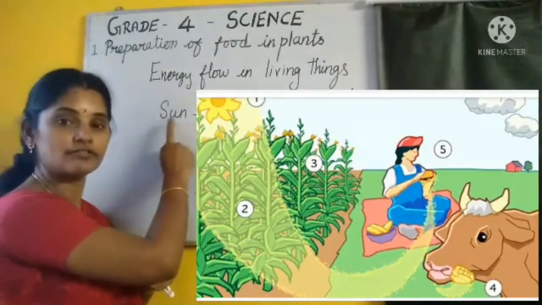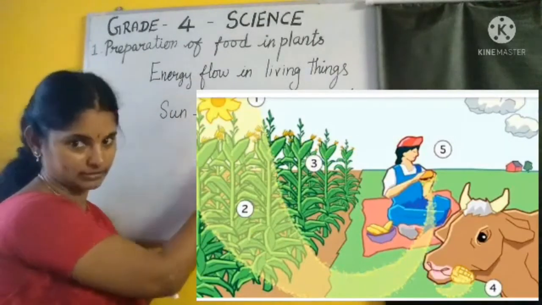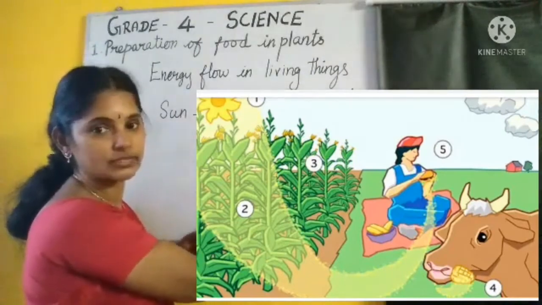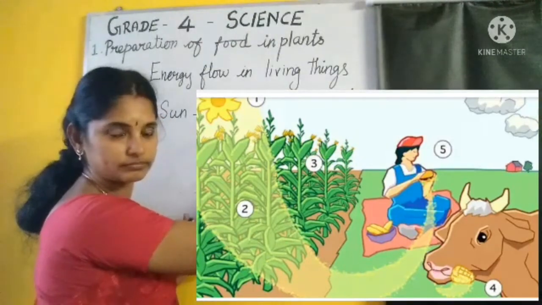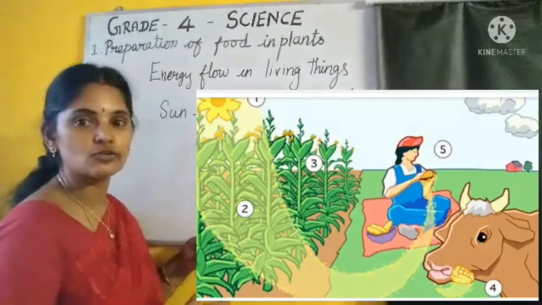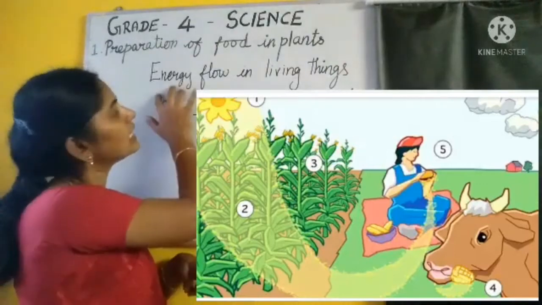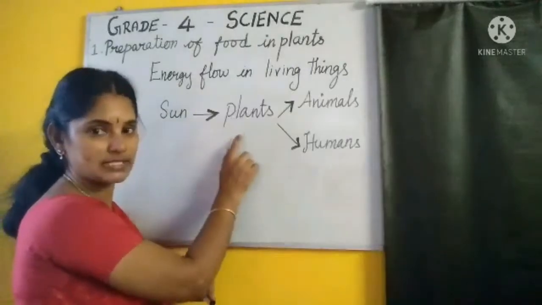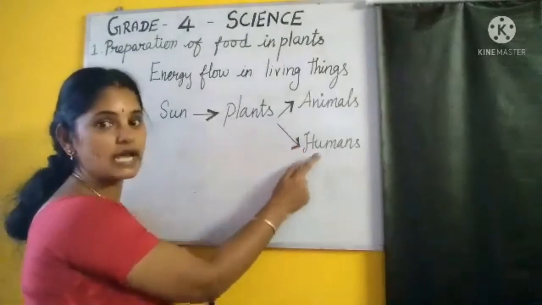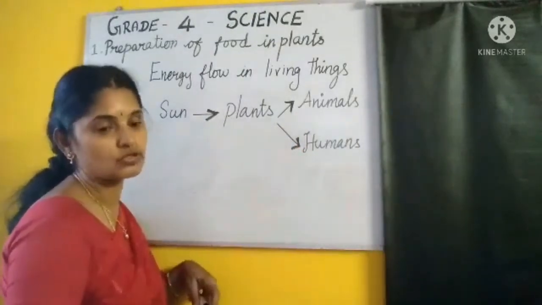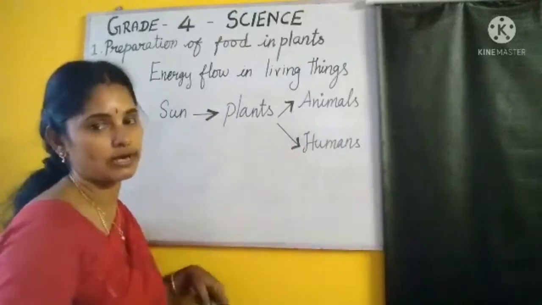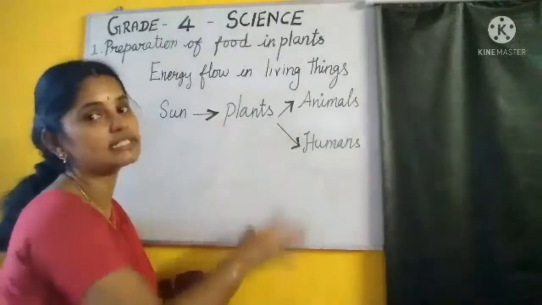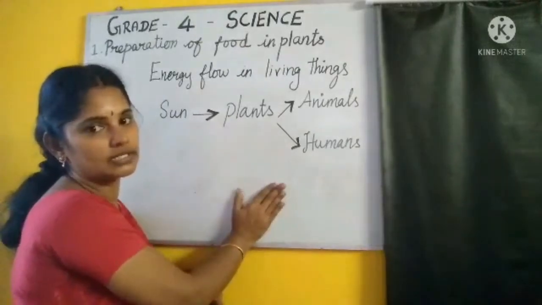From the plant, we take the energy, and animals also utilize the energy. Isn't it? So this we call energy flow. Sun to plants, then plants to animals and human beings. So energy flows in this order. This is what we call energy flow in living things in the simple way. Clear, children?